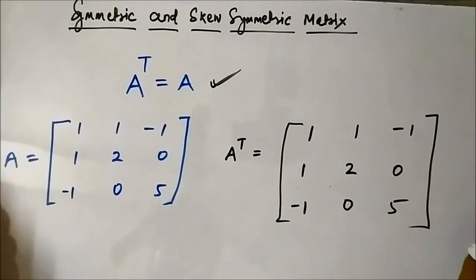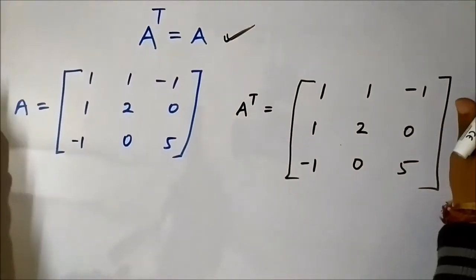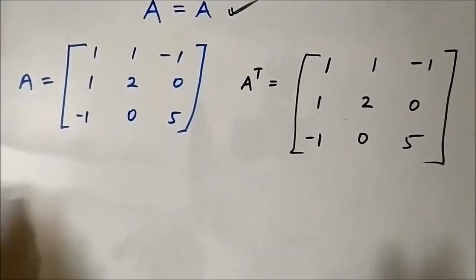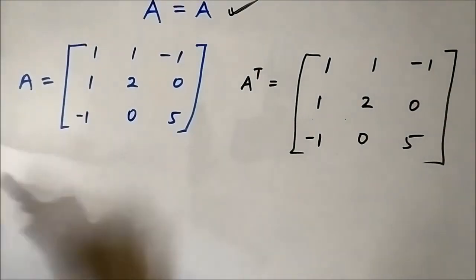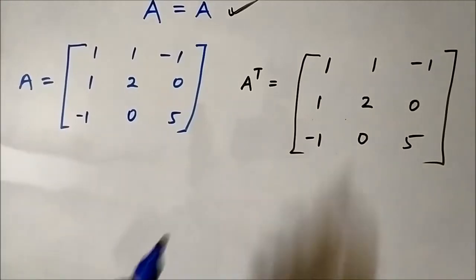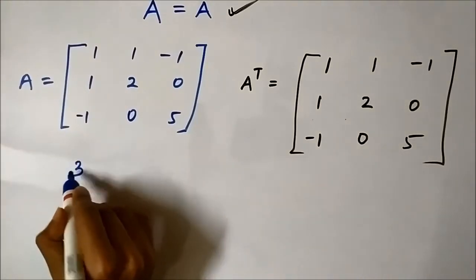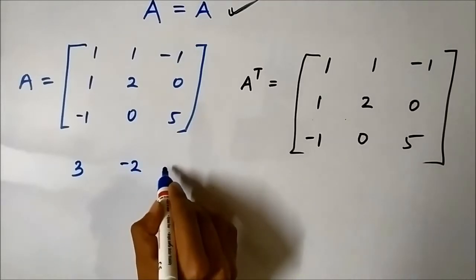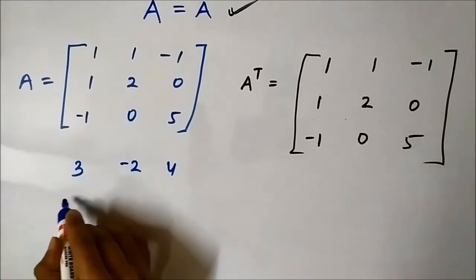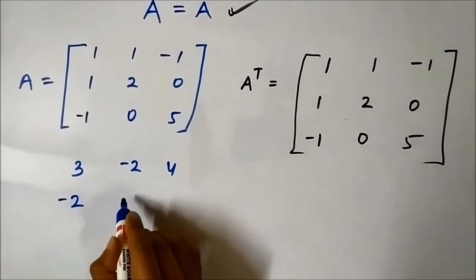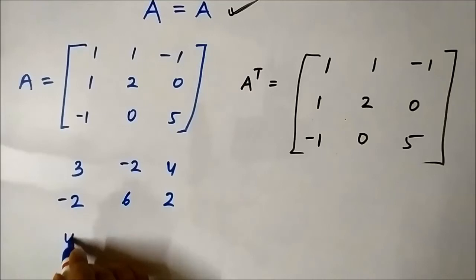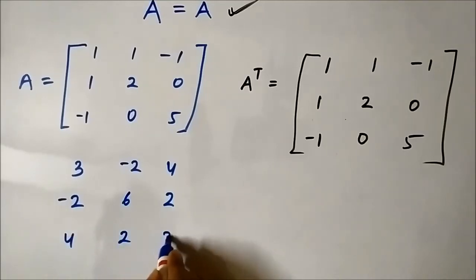Another example of a symmetric matrix is 3, minus 2, 4, minus 2, 6, 2, 4, 2, 3.